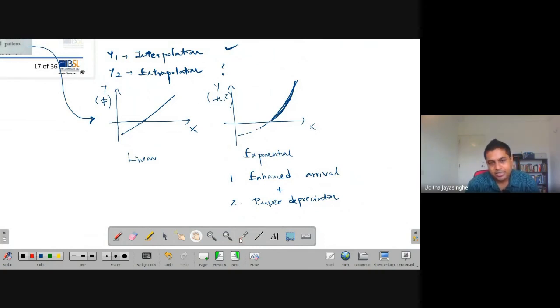This enhanced arrivals is a commonality, but here the addition of rupee depreciation is going to cause this linear relationship to become exponential. So typically you should be relying on this first graph, not the second one, because the second one is going to show you the boosted revenue due to the depreciation.